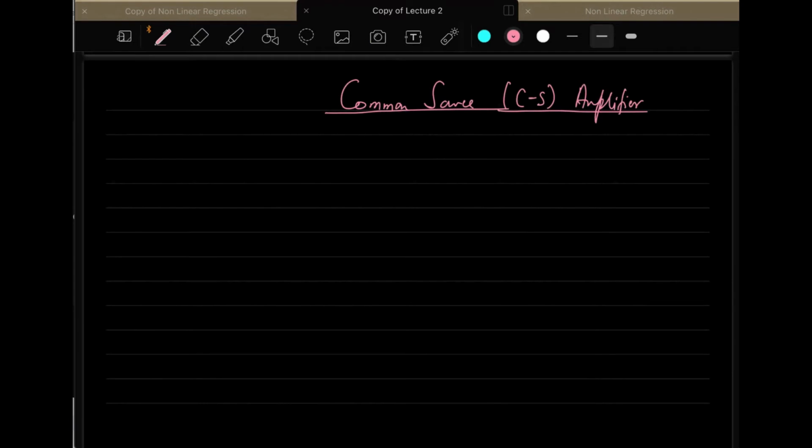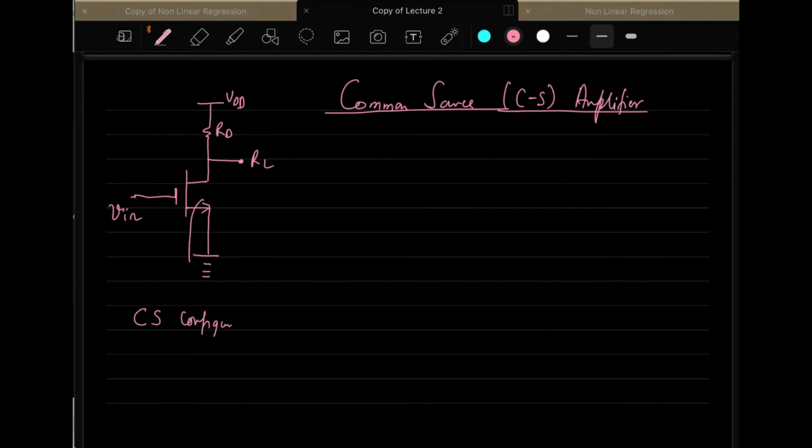In a common source amplifier, the source is common to both the drain and gate terminals. So you have a drain terminal like this, RL, and then you have V in on this side. So this is basically a common source configuration, where your source is basically common.